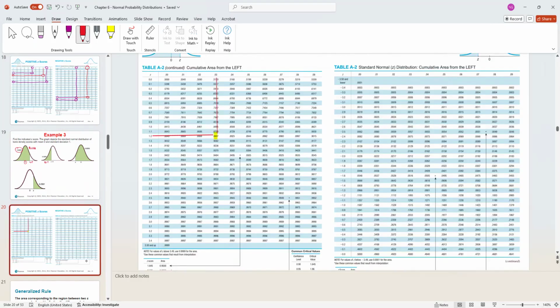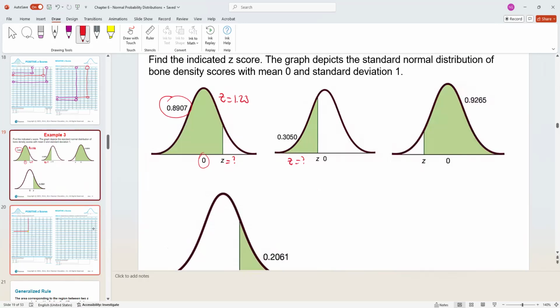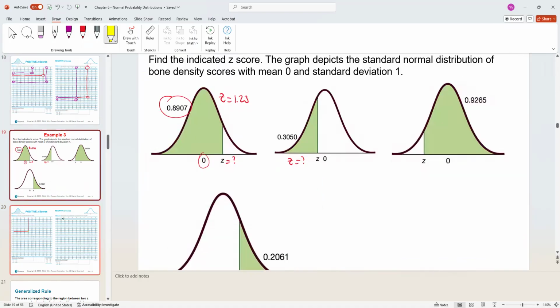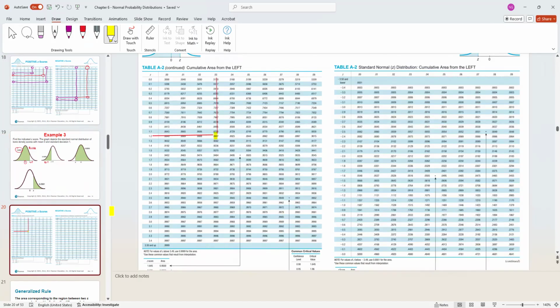Now, because the other one is in a different spot, what I'm going to do, we said 0.3050. 0.3050 would be here in the negative side. Let's look at it again.